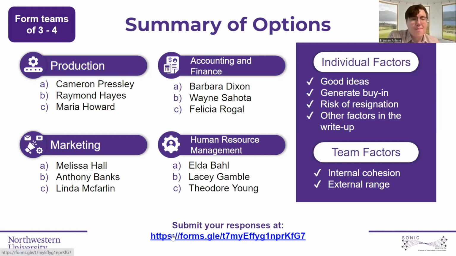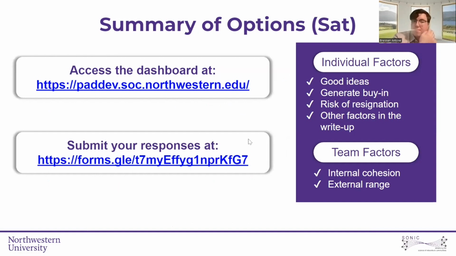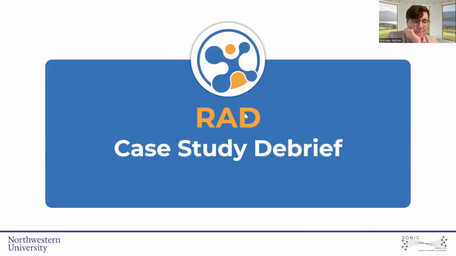As educators, we can see people's nominations and how they think about the team, and they will also enter their rationale for choosing from this candidate pool, so we can use it as a reference. Access the dashboard link and submit your response to this specific Google form.